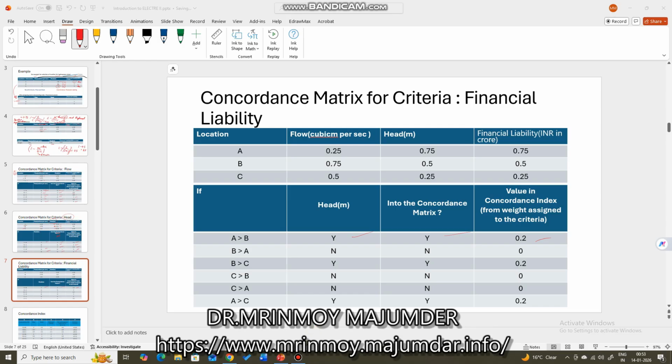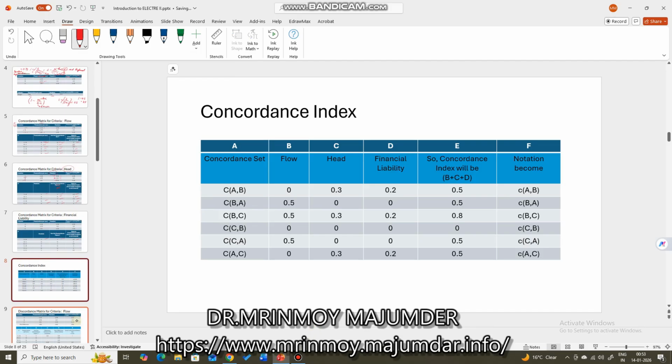So now this is the ultimate concordance index. Whenever an alternative is greater than another alternative with respect to a criteria, the weightage of that criteria gets included into the concordance index.